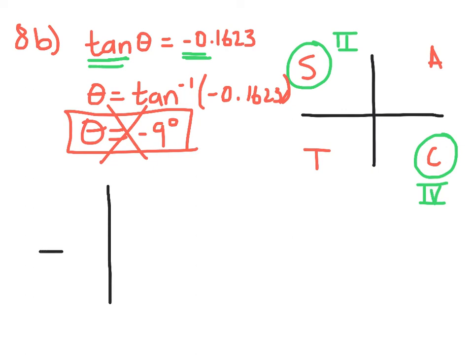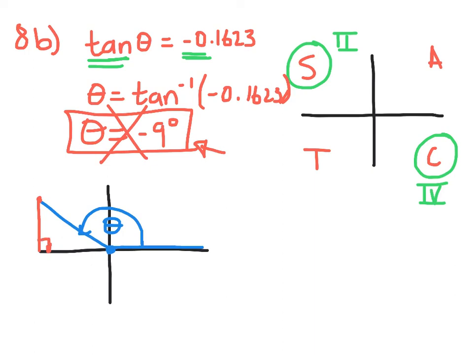Let's talk about quadrant number 2 first. So again, if we draw a terminal arm opening up into quadrant number 2, like this, what is that exactly telling us? If that's theta, what is this negative 9 degrees telling us? Well, if we remember from one of the other examples, if we draw a triangle straight down to the x-axis, this little bit here is your 9 degrees, the related acute angle.